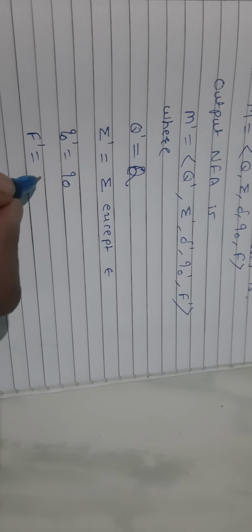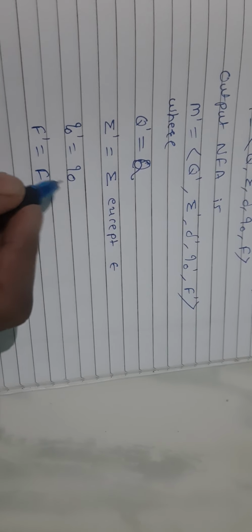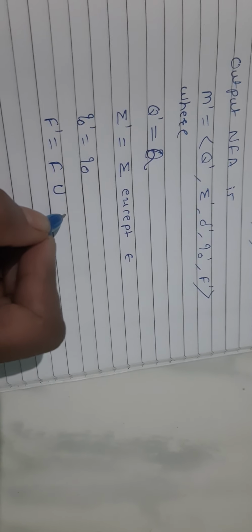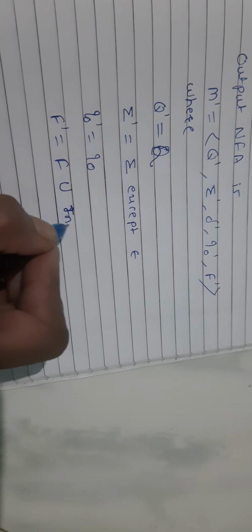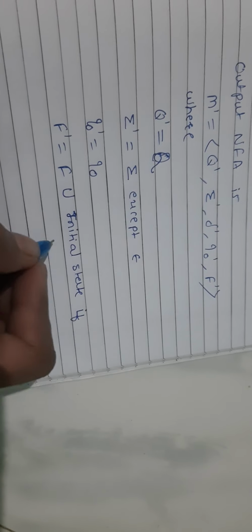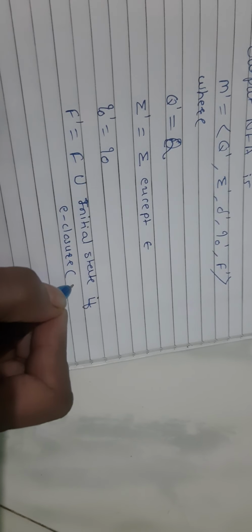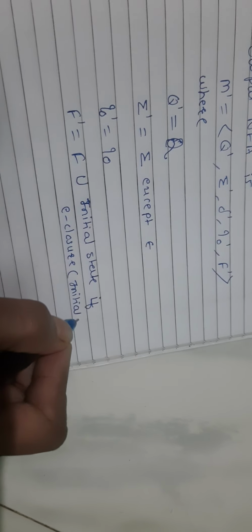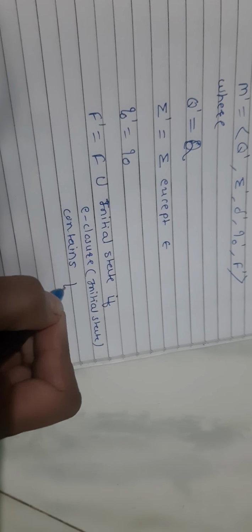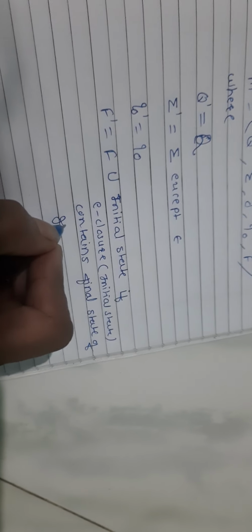Then F dash is equal to F, all the final states of the given NFA, union the initial state if the epsilon closure of the initial state contains a final state of the given NFA.